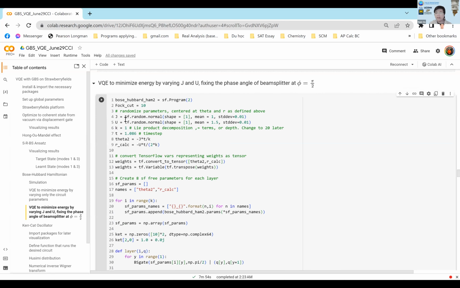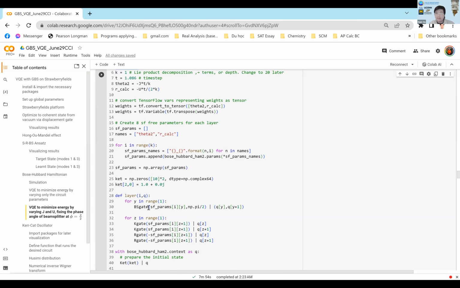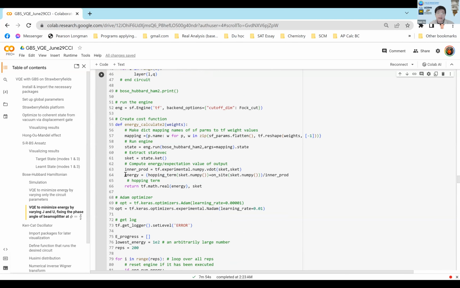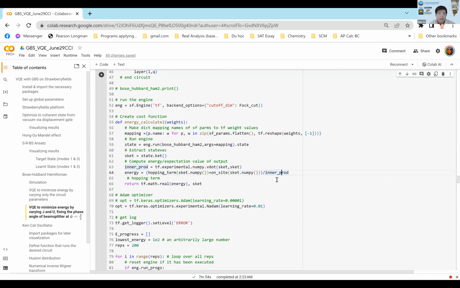Again, I randomly chose the values for J and U and pass them into the circuit as I was doing earlier: two-mode beam splitter gates, two single-mode Kerr gates, and two single-mode rotation gates. And here I try to minimize the energy. I already built functions earlier to compute it, and I try to minimize the energy of the output state.